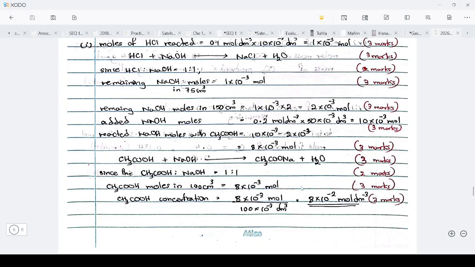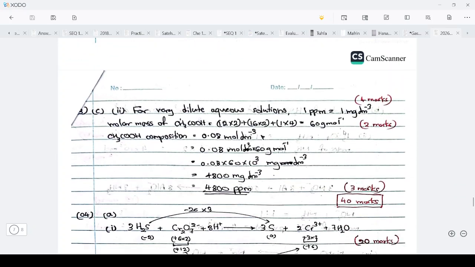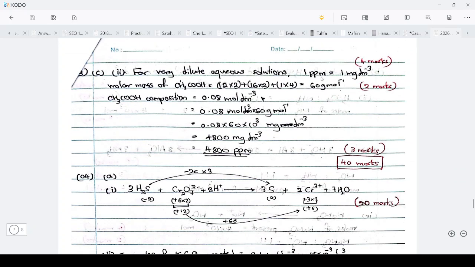And this is the concentration of acetic acid, 8 into 10 to the power minus 2 moles per decimeter cube. Did you notice they are asking another question here? They are asking to express the composition of acetic acid in ppm. If it is a very dilute solution, we can say 1 milligram per decimeter cube is equal to 1 ppm. You can write that relationship and get some marks.